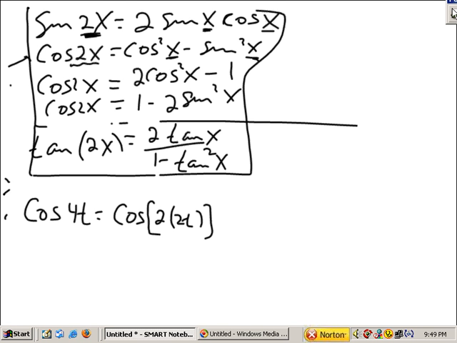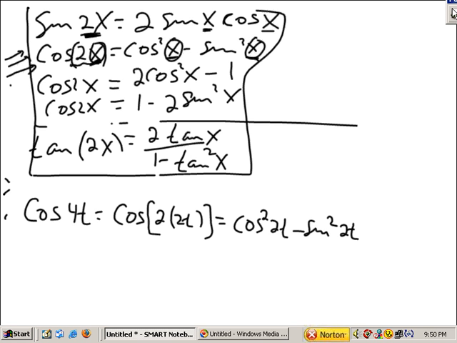Well, how about we look at this formula? X can be anything, but your angle better be 2 times that anything. That is, x is 2t. So this is cosine squared of x minus sine squared of x, but x is 2t.